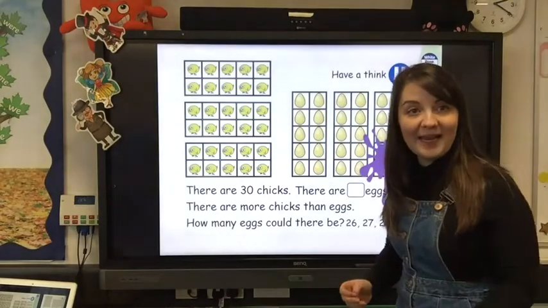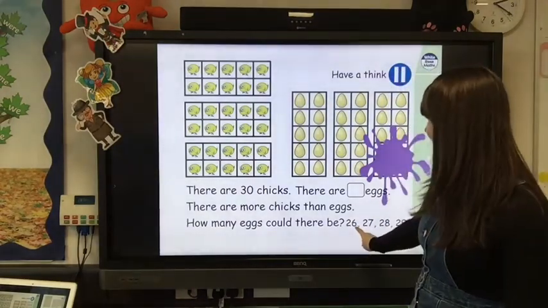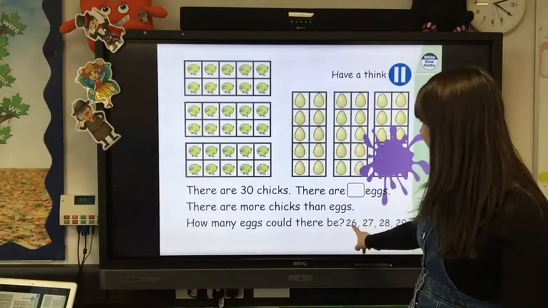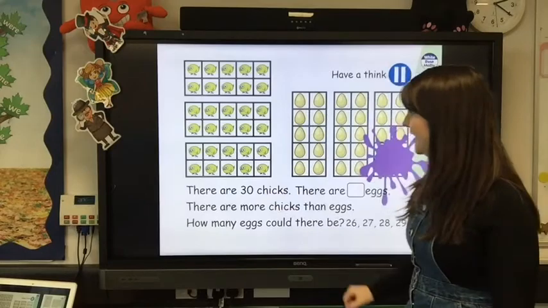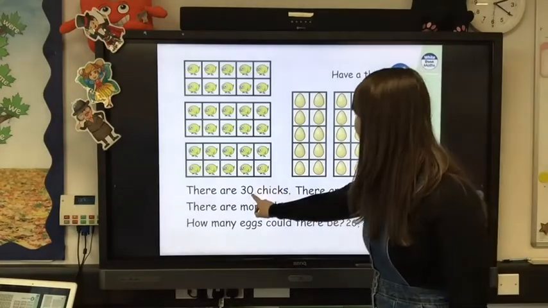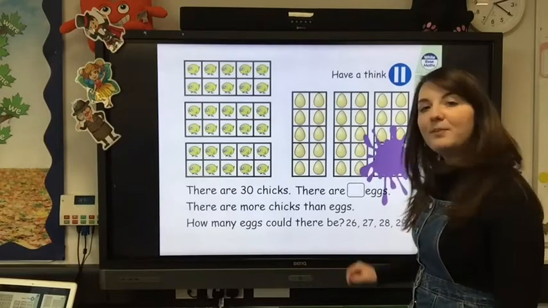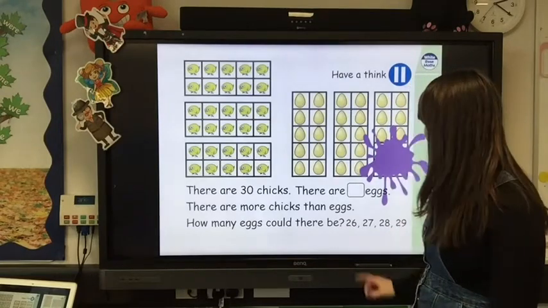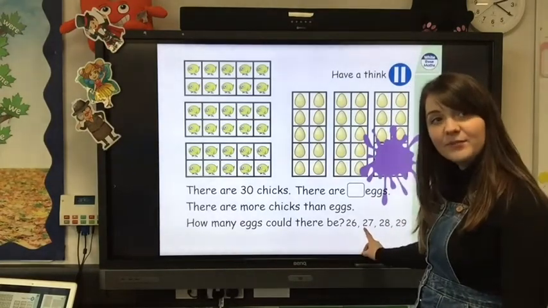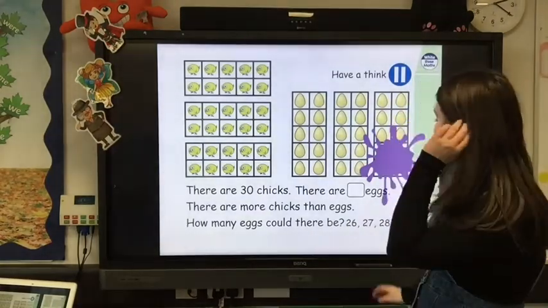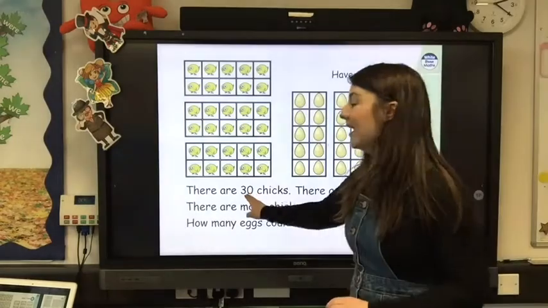There could be 26 eggs, like we counted. 26 is less than 30, and it says there are more chicks than eggs. So it could be 26, could be 27, or 28, or 29, because they are all less than 30.